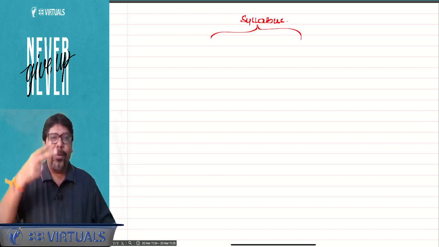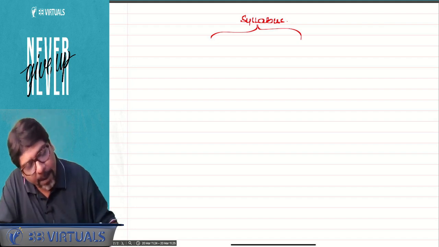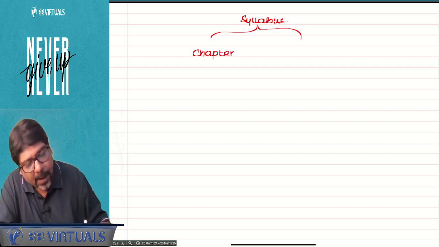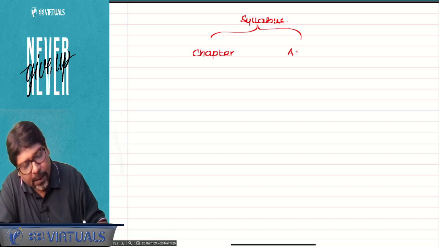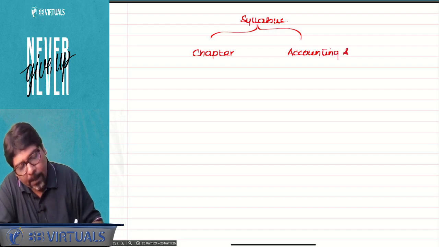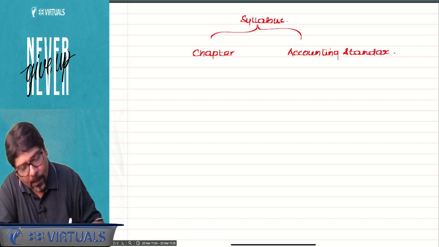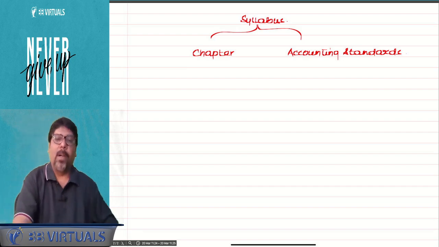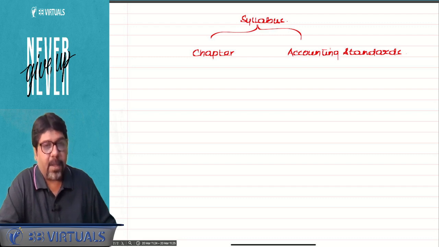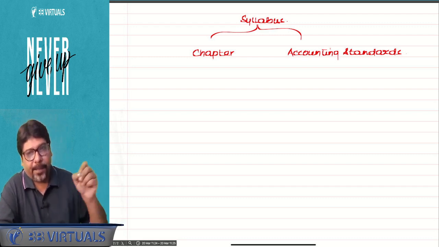One we call chapters, and the other we call accounting standards. Am I clear? One we call chapter and the other we call accounting standards.